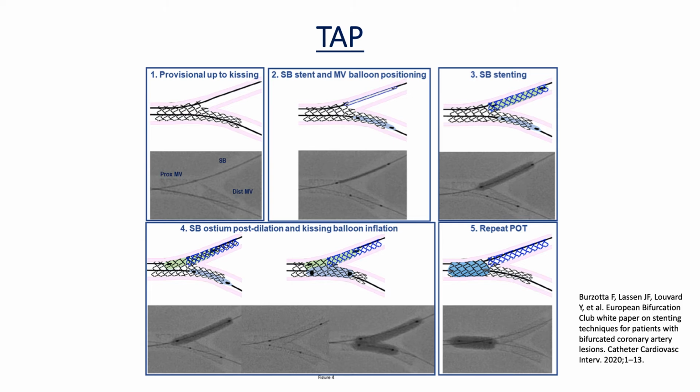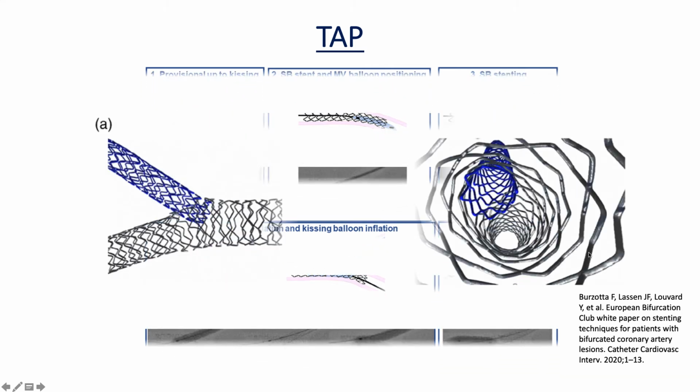Then the main vessel balloon is pulled back and lined up to have a nice kissing inflation at the bifurcation, followed by a final POT, which is to be done very carefully without including the protruded struts from the side branch in order not to cause any unintentional crush.